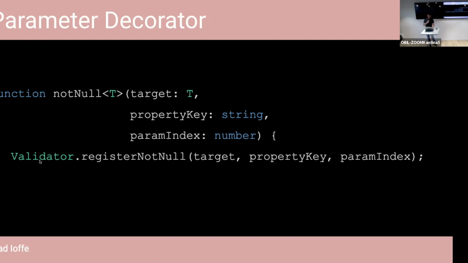And for this implementation, we have some global object validator, which we register the target, the property key, and the param index to, which can later be invoked and used when we invoke the method itself.